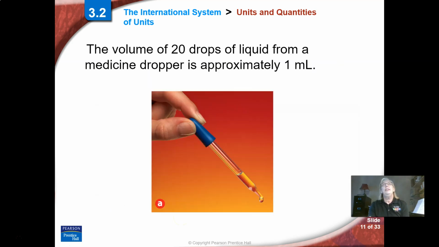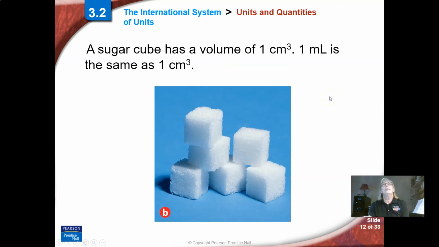And here's what 20 drops of a liquid like water would equal: 1 milliliter. So we're going to use milliliters a lot in the lab. And 1 cubic centimeter looks like this. 1 times 1 times 1.